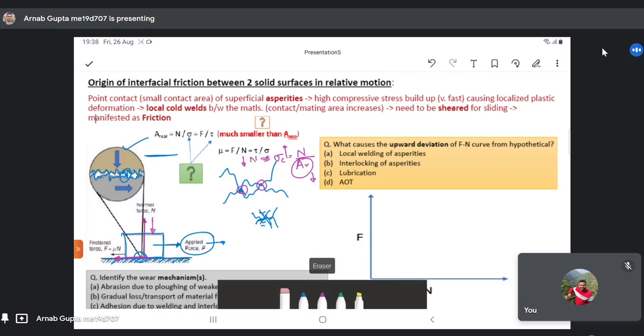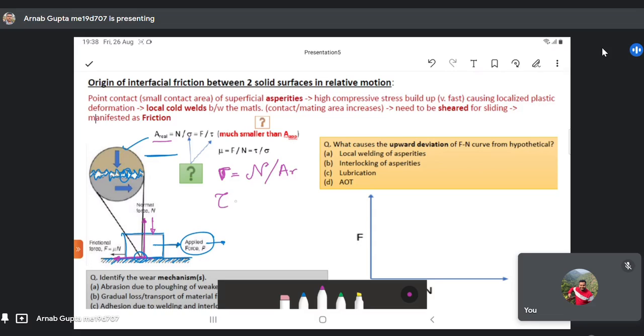There are a few fundamental questions which arise out of this discussion. One is the real area of contact, as I said. Sigma, which is the compressive stress, is equal to the normal force divided by the real area of contact.